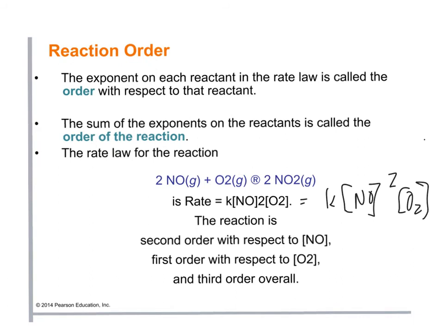Now this is assumed to be the first power, because we didn't put a superscript there. So it's second order with respect to NO, and first order with respect to O2, but the overall rate is third order. Add them together.